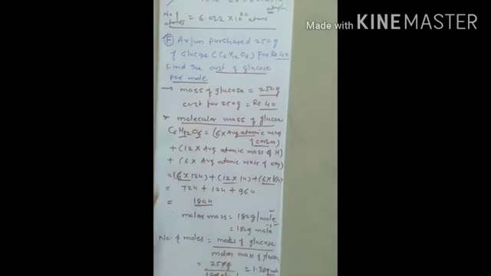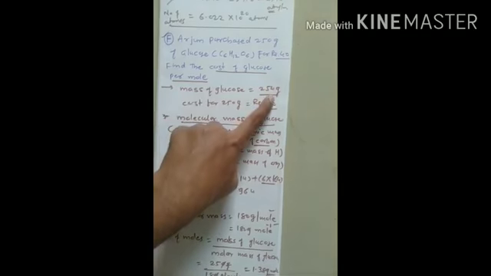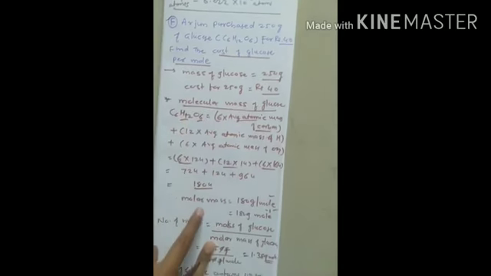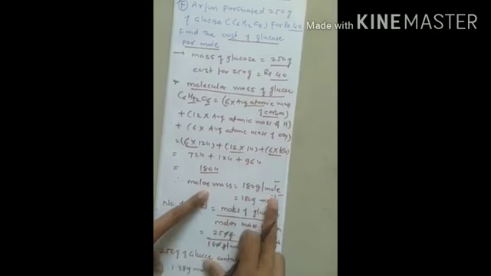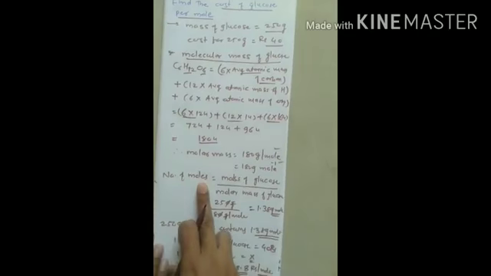So we have to convert this mass, 250 gram, into number of moles first. For that I have to calculate the molecular mass, and based on it I am writing the molar mass, in gram per mole. Once I get the molar mass, I calculate the number of moles with the help of this formula.